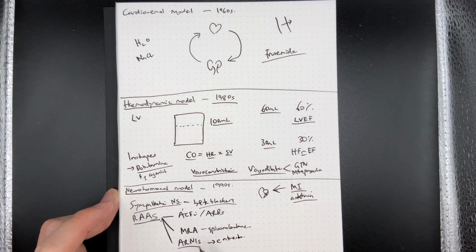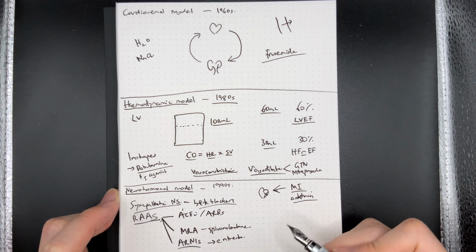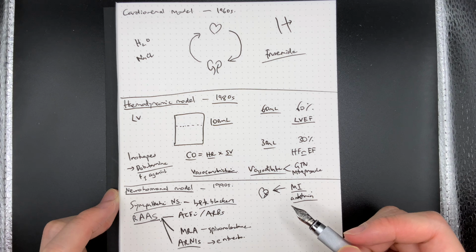And then there are other drugs that seem to be helpful. One big class of them is the SGLT2 inhibitors in patients who are diabetic and also have heart failure. But that's a whole different talk for another day.